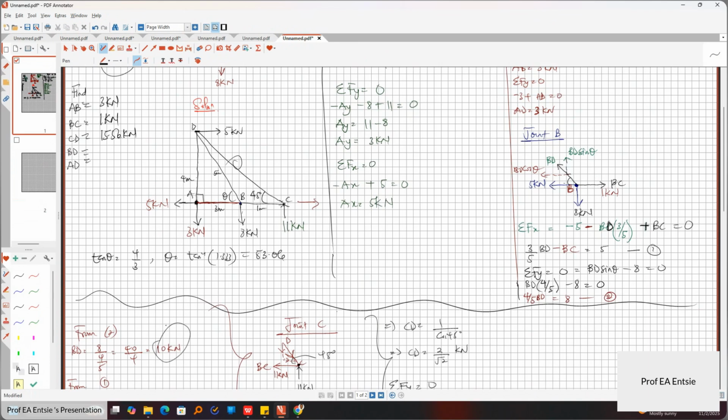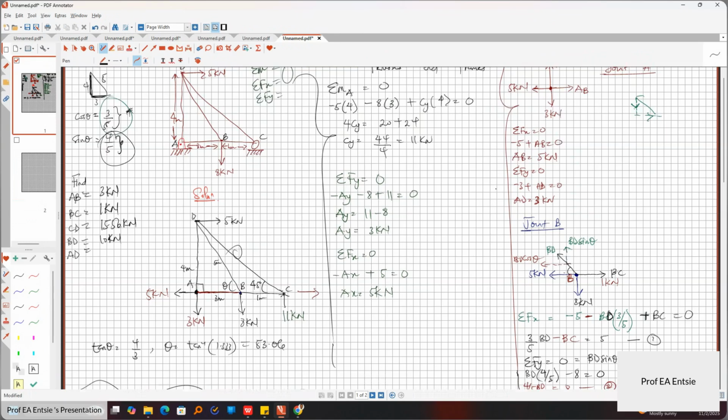Yeah, it is 10 kilonewton. Now what's AD? AD is 3 kilonewton. Then AB is 5, rather.